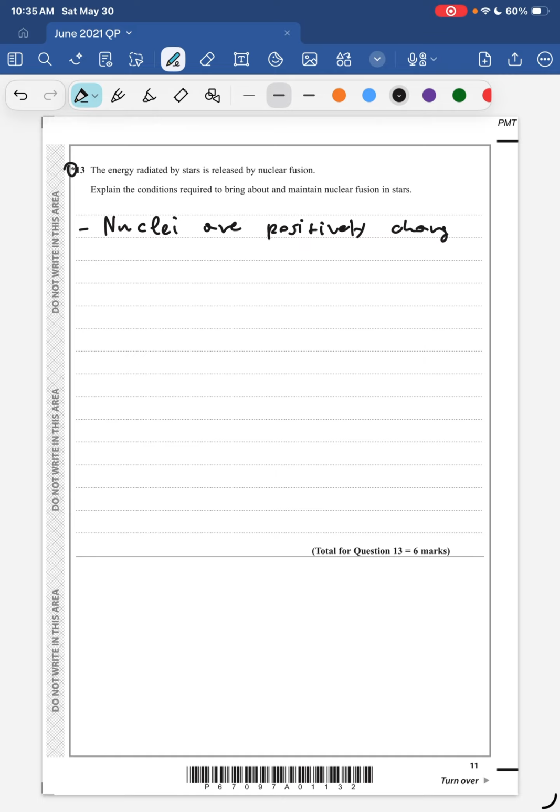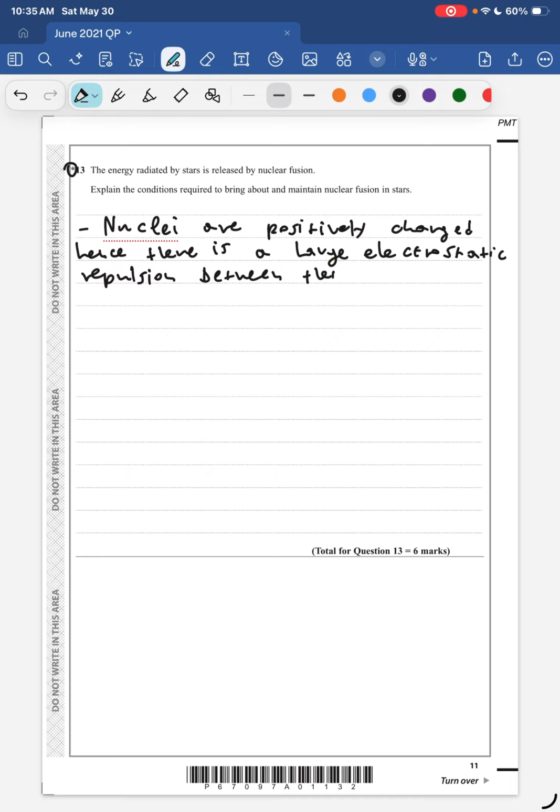Hence, there is a large electrostatic repulsion between them. Okay, so that's the first sentence.